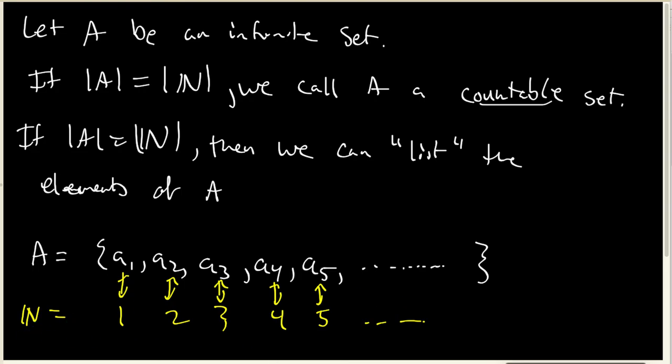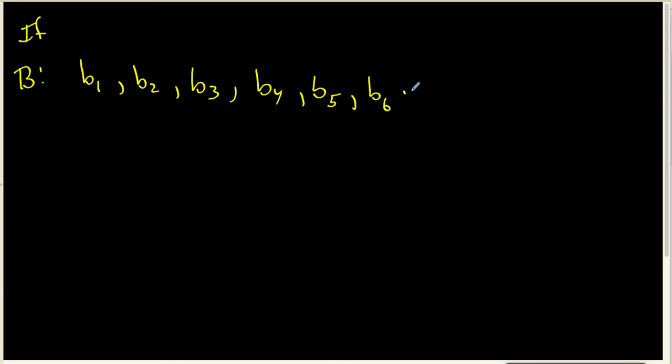But just as important, if I've got a set, I'm going to call it B, where I can list it, but the list never ends, then I can easily put that set into one-to-one correspondence with the natural numbers.